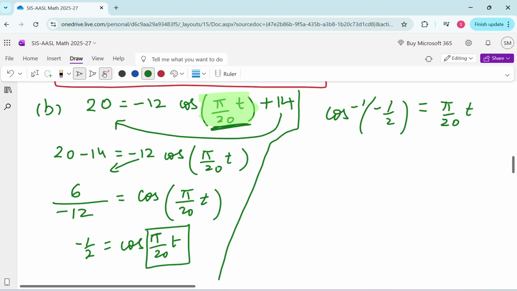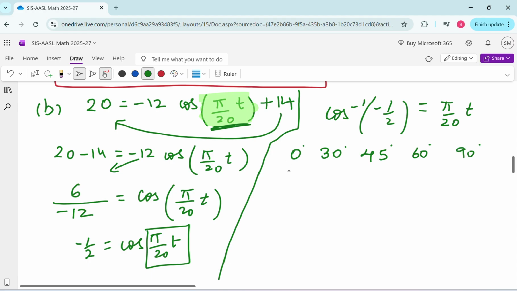So the basic angles which we have to remember are 0, 30 in degrees, 45, 60 and 90.